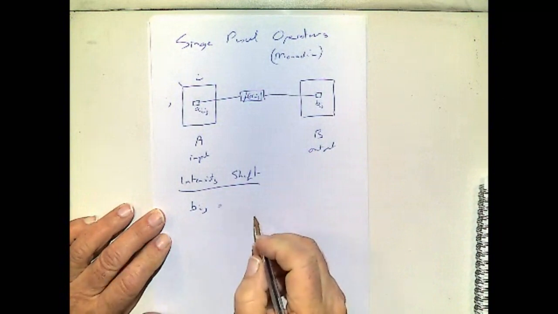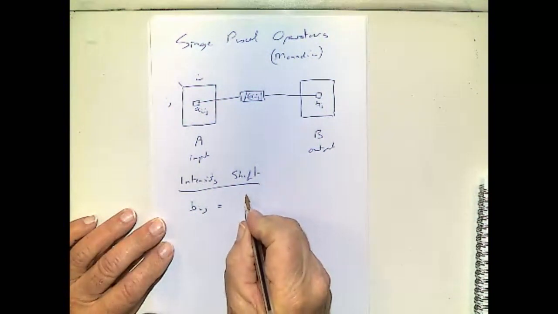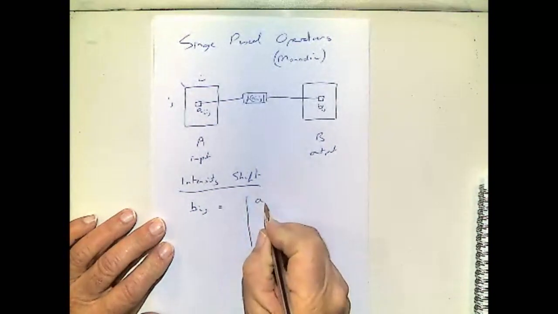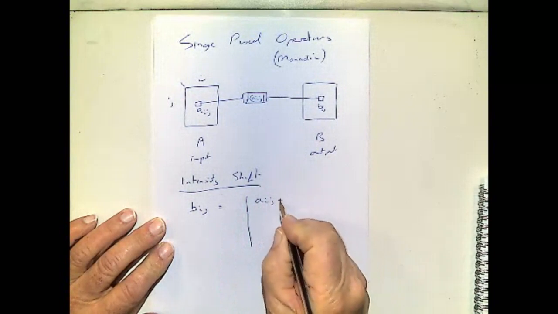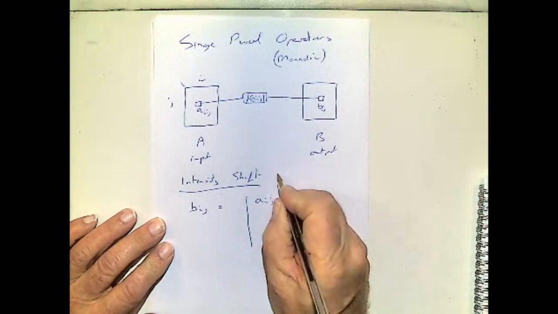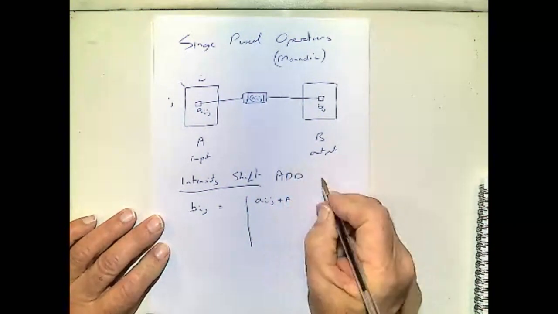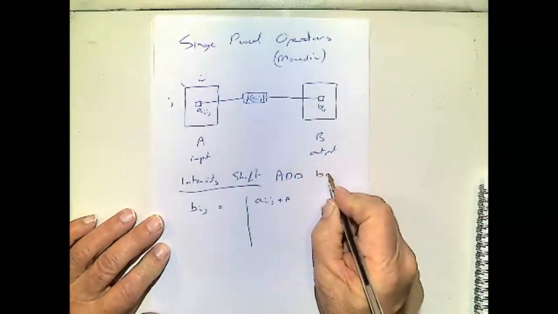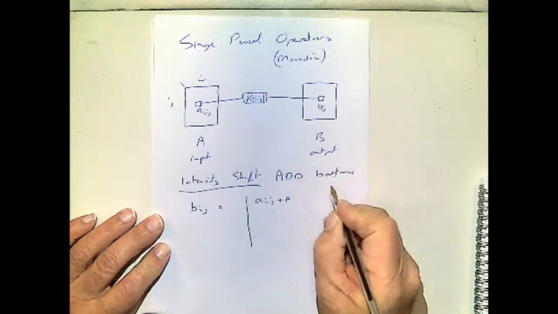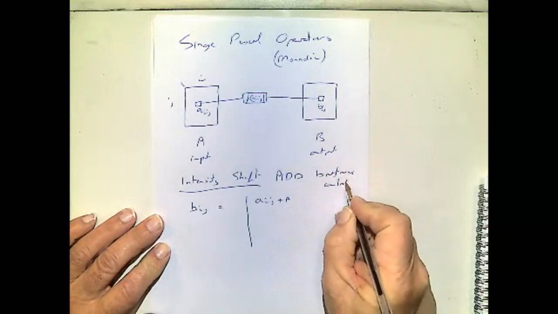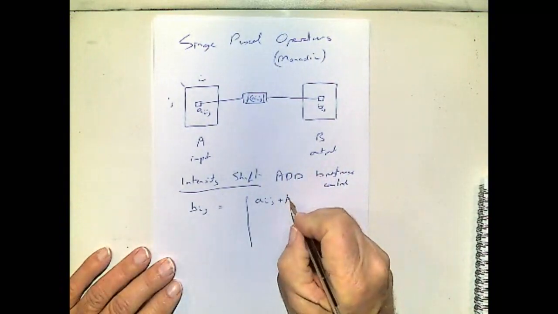There are papers on Blackboard which give this. Bij equals Aij plus K. And it is essentially an add operation. And it can be regarded as a brightness control. So, sorry, K, make that K.